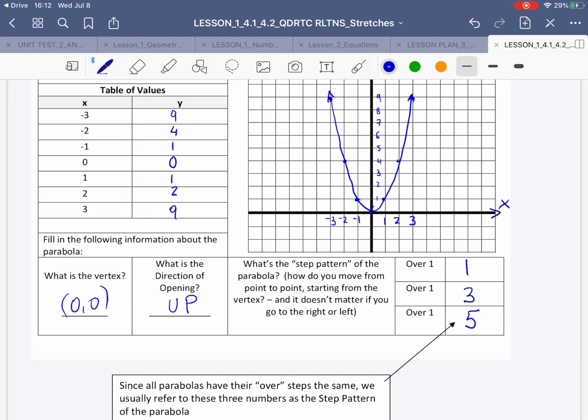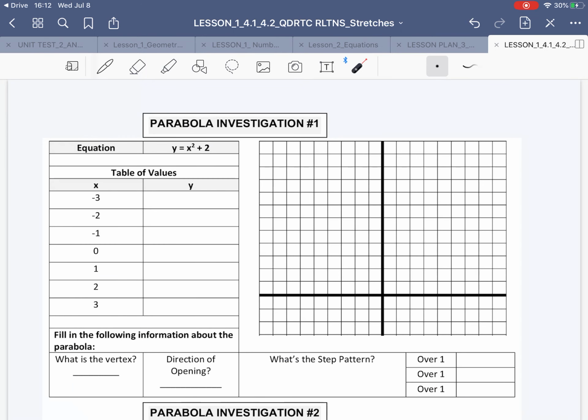Since all the parabolas have their steps the same, which is called the step pattern, we always refer to these three numbers as the step pattern of the parabola. The rest of the parabolas will transform based on this main step pattern.